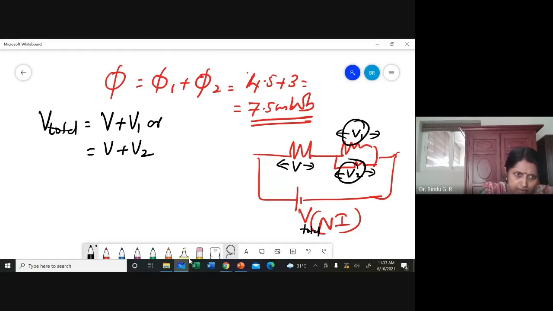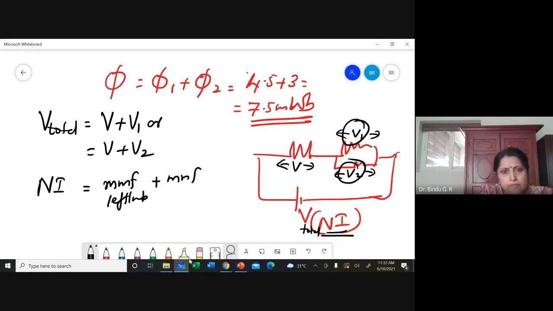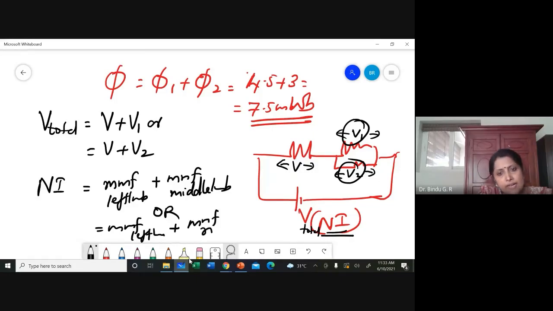Similarly, in my case, instead of Ni, what I am taking is MMF. MMF in left limb plus MMF in middle limb, or MMF in left limb plus MMF of right limb. I hope that is clear.